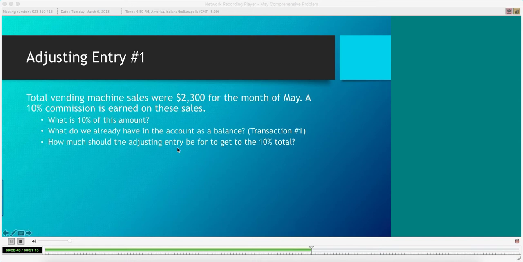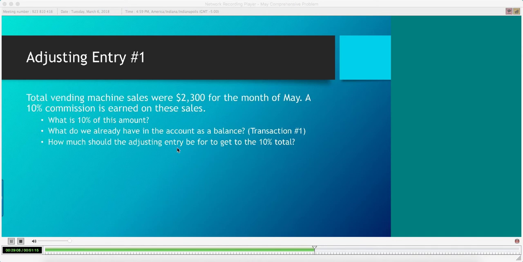We were given a check for $200 at the beginning of the month. So how much should our adjusting entry be for? If we were supposed to get 230, but we only got 200.